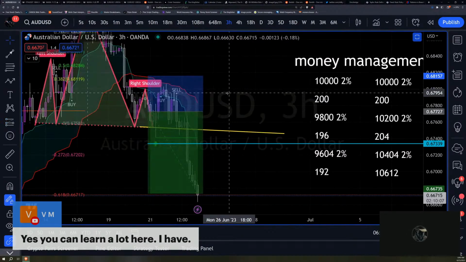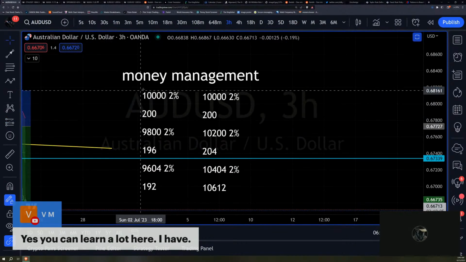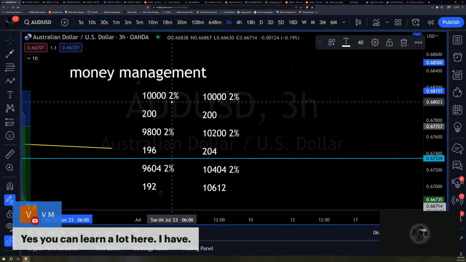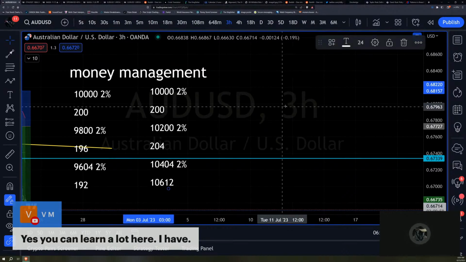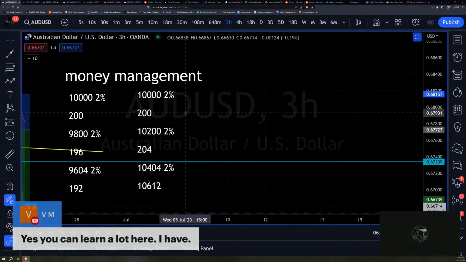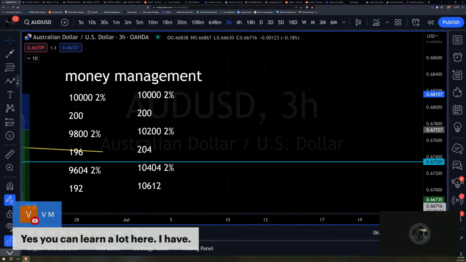Let me move this off the screen and we'll create a whole new scenario for the new traders, because a lot of times they have an easier time imagining scenarios where the price goes up, because that's what they're used to thinking about.